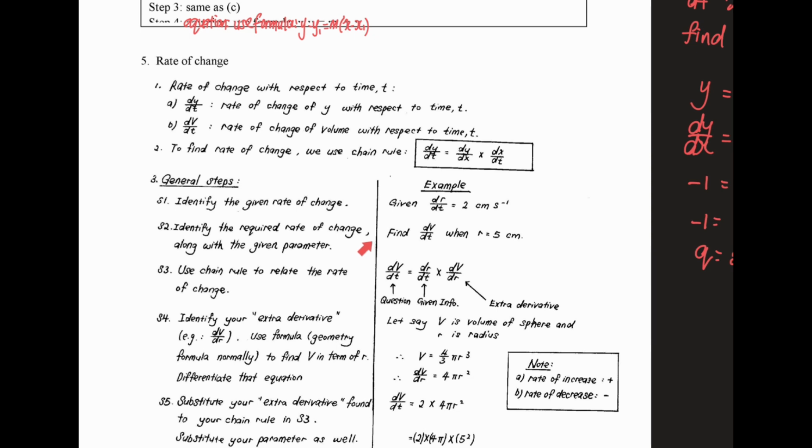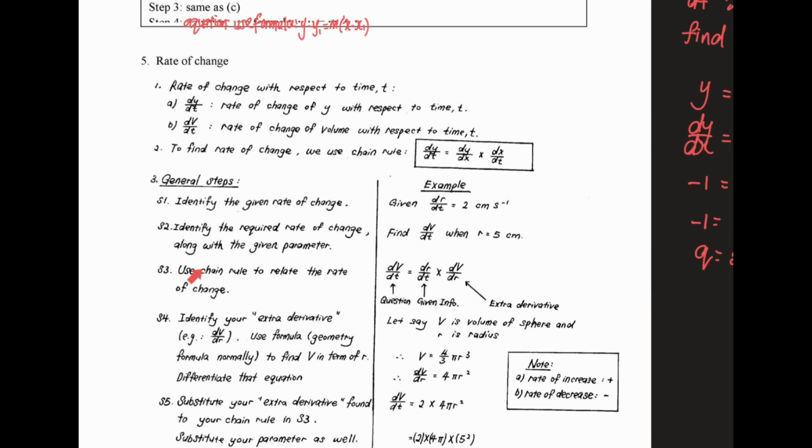So that means you have to find out what kind of rate of change is asked. You write it down, then at the same time they also give you the value of r. The value of r is going to be used after you do differentiations. We will see how to use this r equal to 5 later.